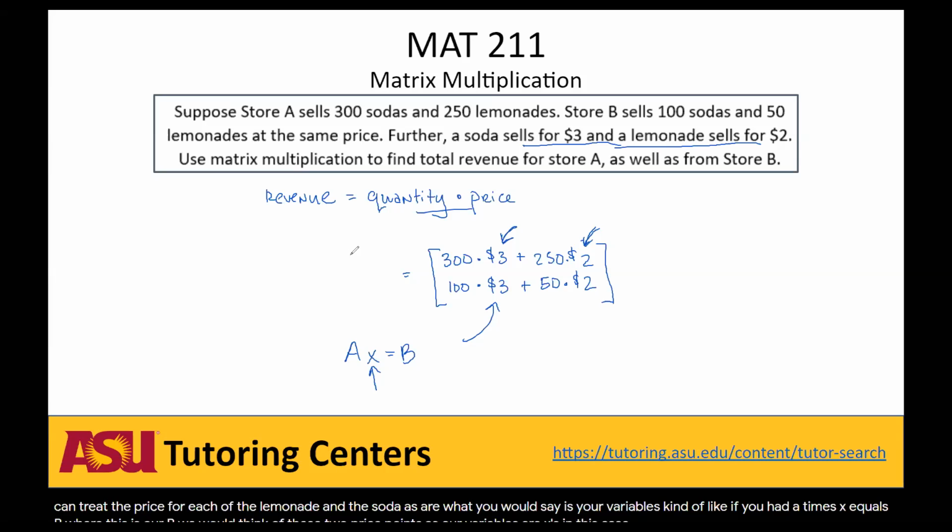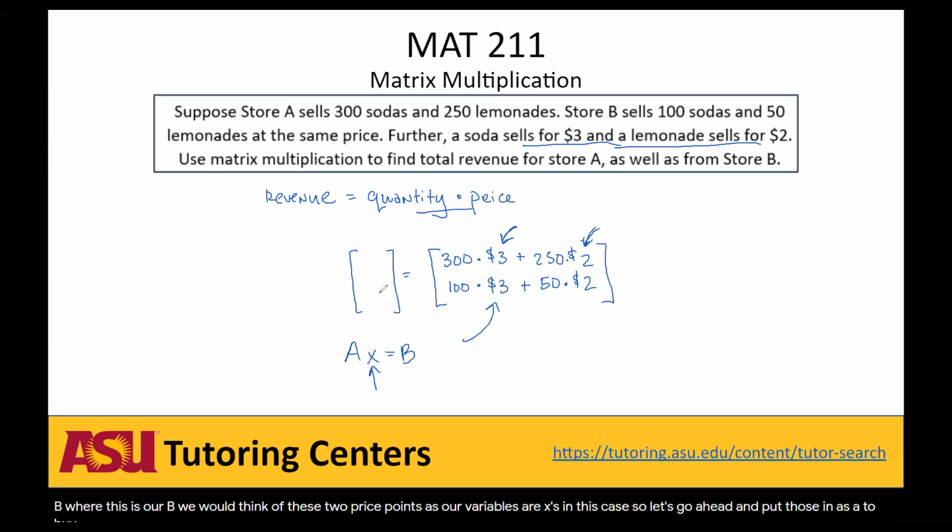So let's go ahead and put those in as a 2x1 column, or 2x1 matrix. So we'll have $3 and $2.